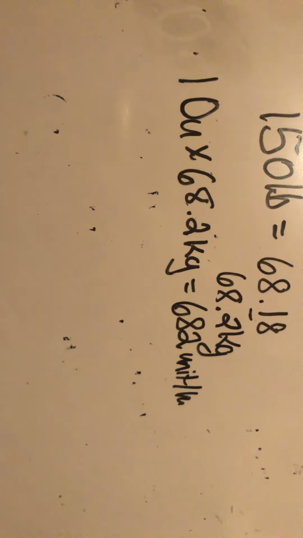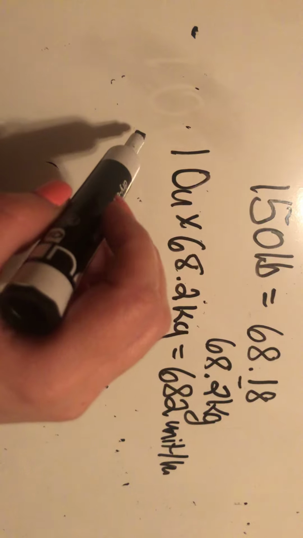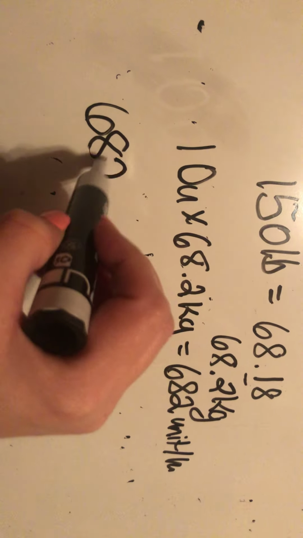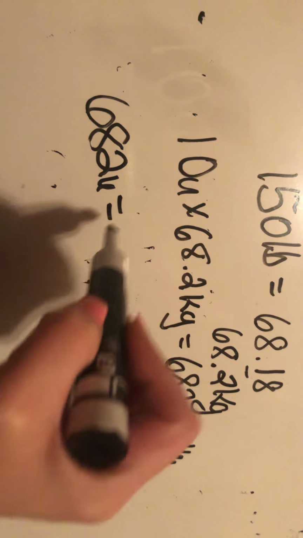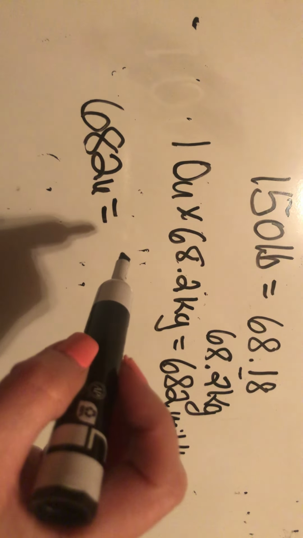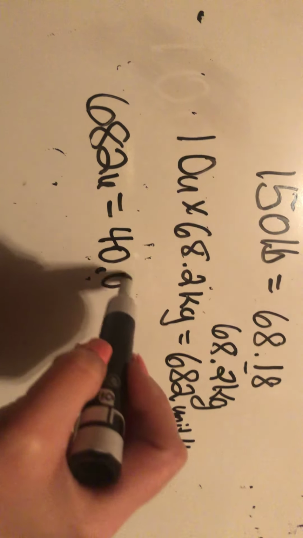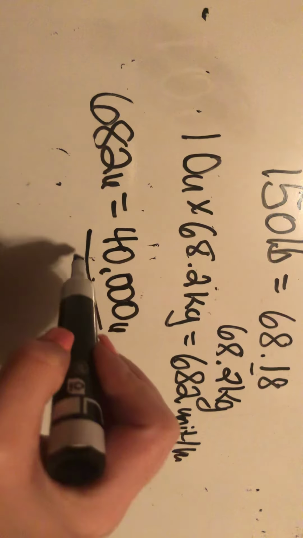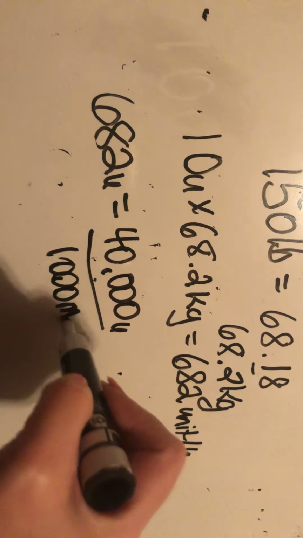And then if we want to find out how many milliliters per hour, it tells us our concentration is 40,000 units per 1,000 milliliters. Let me make sure that's what was on the screen. Yes, 40,000 units per 1,000 milliliters.